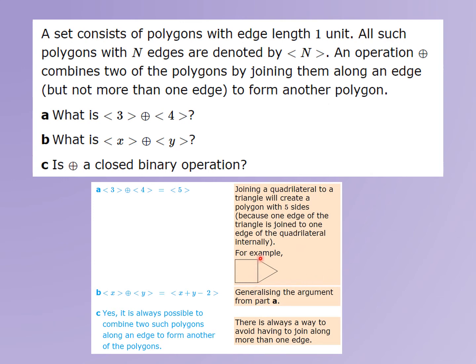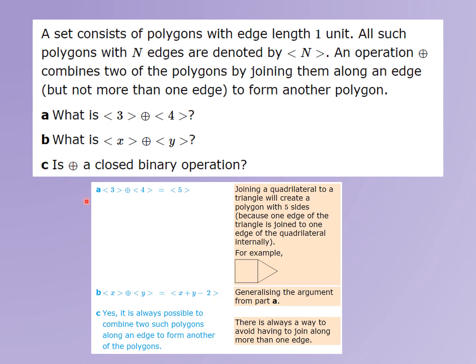This is because in joining together two such polygons, 1 edge from each polygon becomes an internal edge to the shape, so it's no longer an edge. So there would always be, in this case, 5 external edges left. So in general, for x and y, the new polygon would have x plus y minus 2 edges. So this new set would be x plus y minus 2.